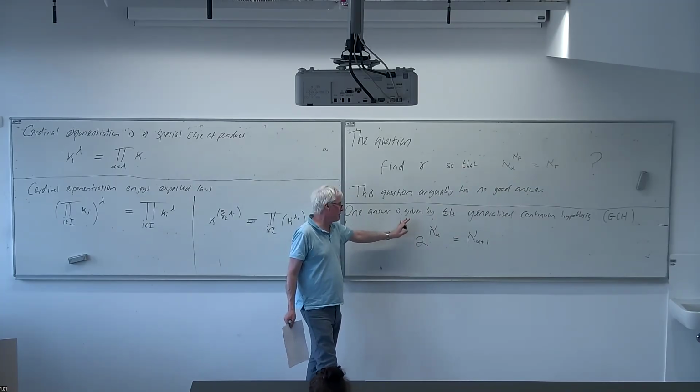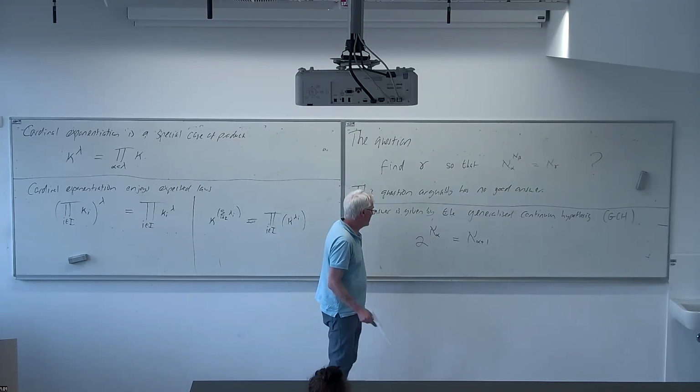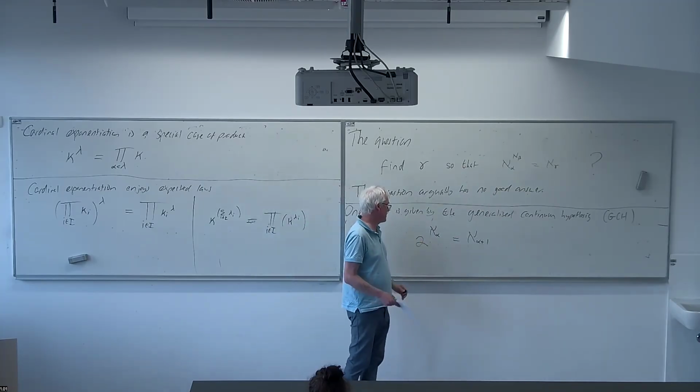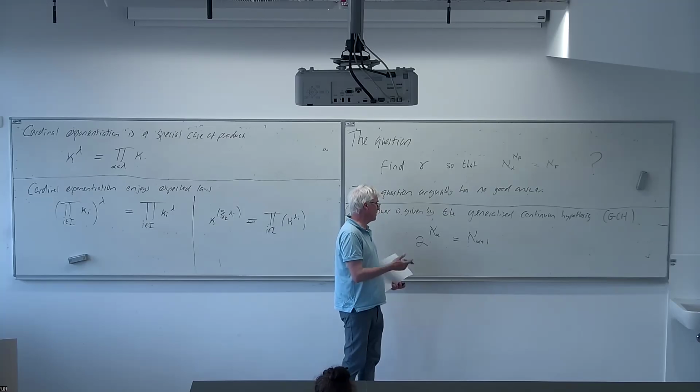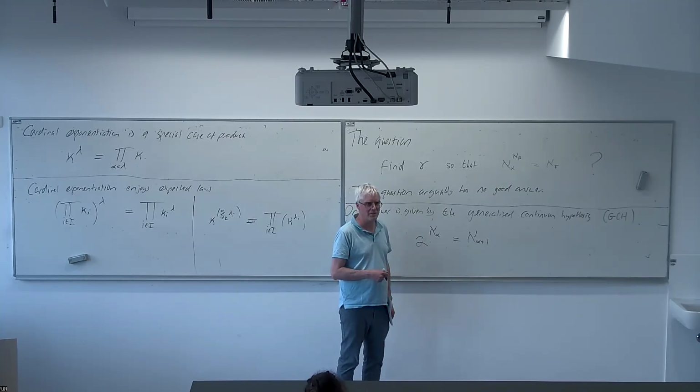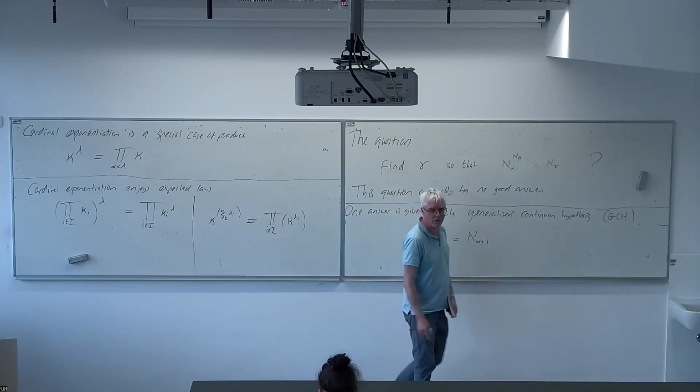So it's independent of the axioms. There's no good reason to assume it's true. It's very hard to understand what this is really saying and why it should be true. But one of the benefits of having it is we would be able to answer all questions about cardinal arithmetic. But we're not going to assume the generalized continuum hypothesis.